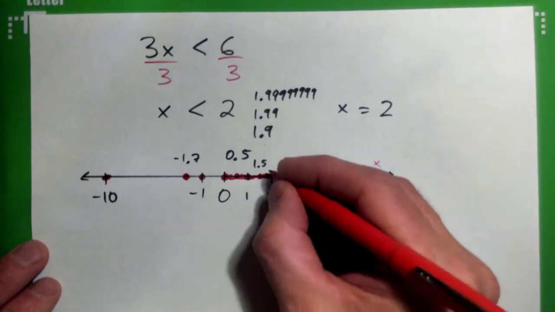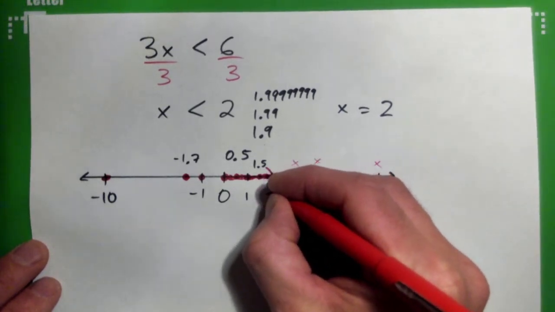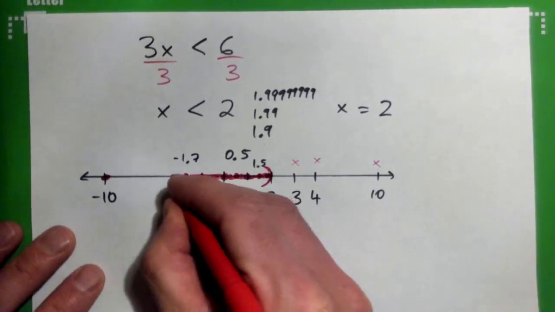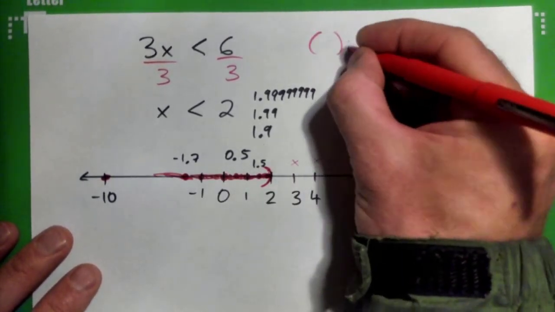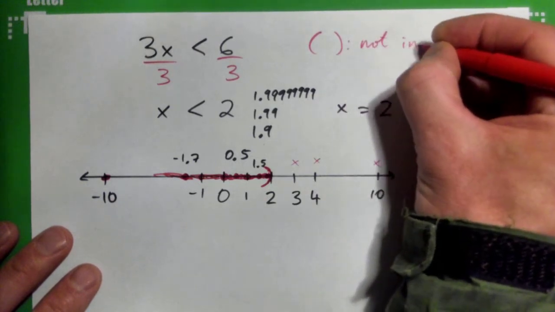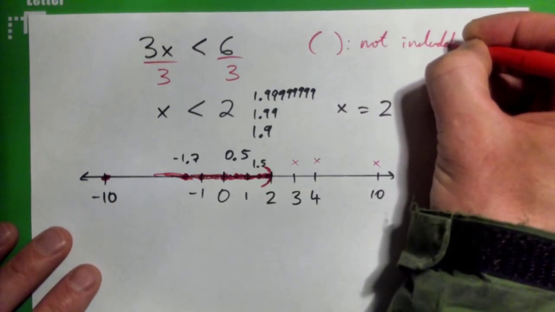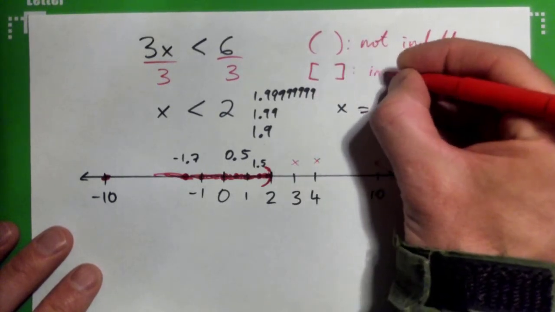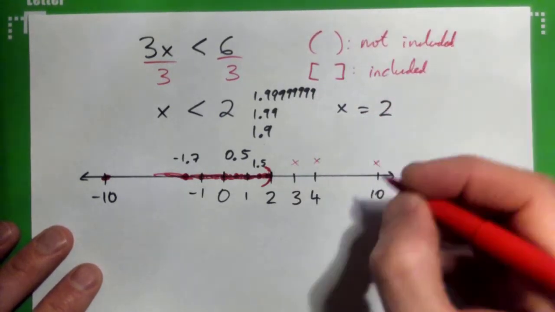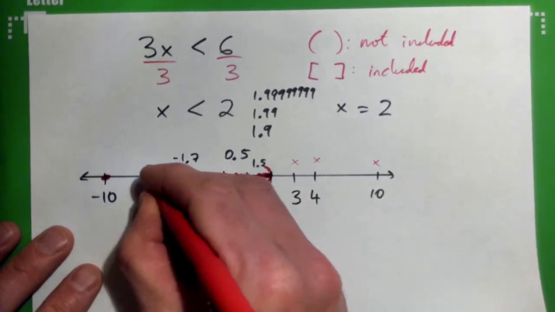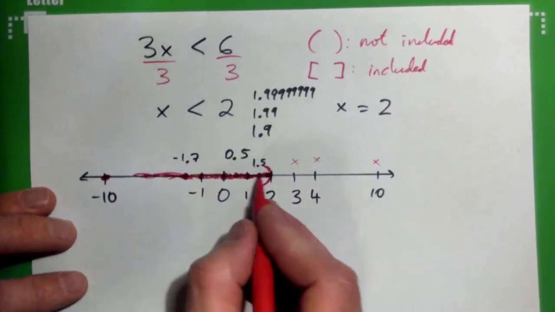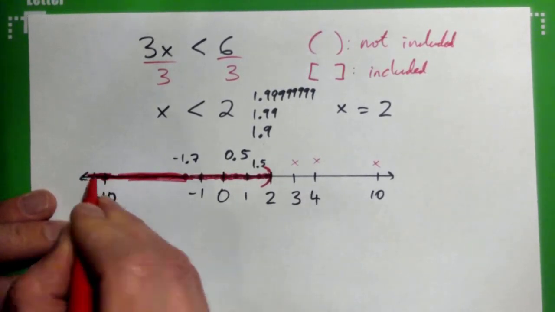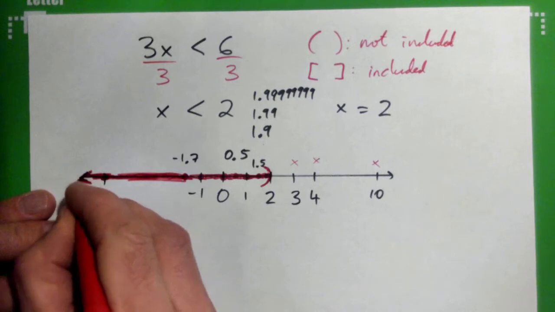And I like to represent that with the parenthesis because we need that for our intervals anyway, right? So parentheses mean not included, and square brackets mean included. And we kind of fill in this number line to represent all of the decimals and all of the numbers that are less than 2, right?